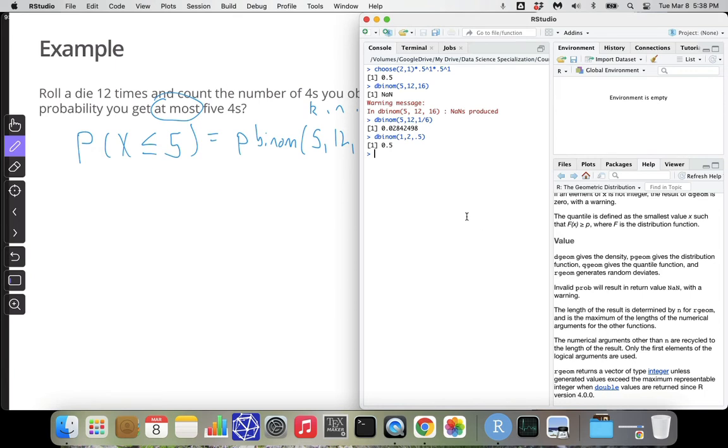Actually, I'm just going to scroll up and change my d to a p. I didn't change the arguments there, so we want at most 5 successes out of 12 die rolls, and the probability of success is 1/6 here.